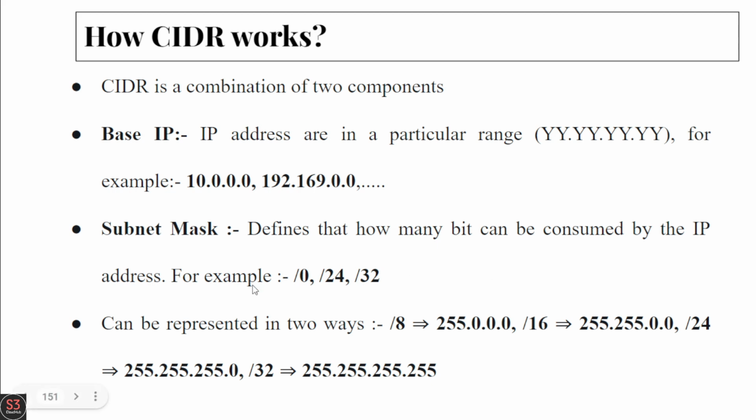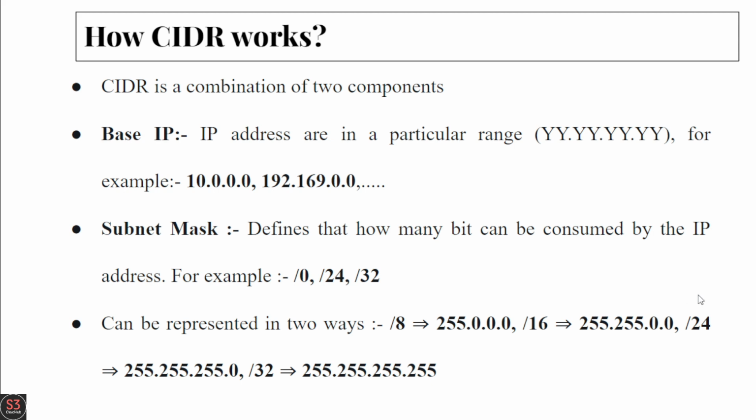The subnet mask can be represented in two ways. One is the slash notation, and second is the IP format. If we have subnet mask as /8, then the IP representation of /8 is 255.0.0.0. If we have /16, then the IP representation is 255.255.0.0.